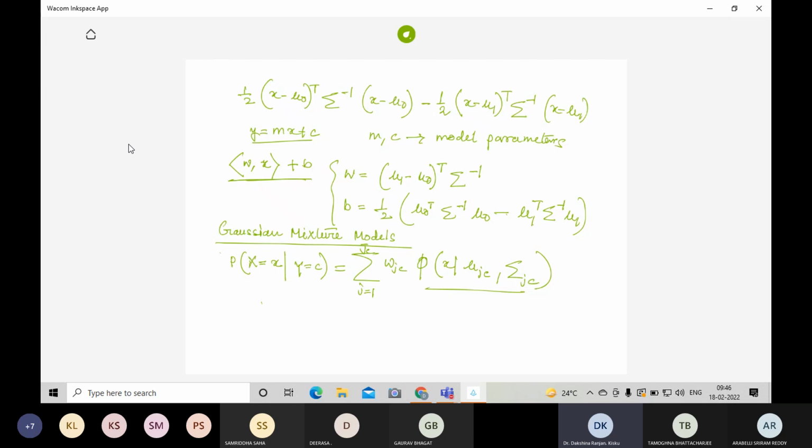Within a particular class we get this j number of components, and the weight of these components is referred to by wjc.